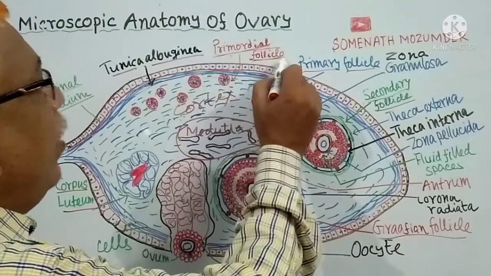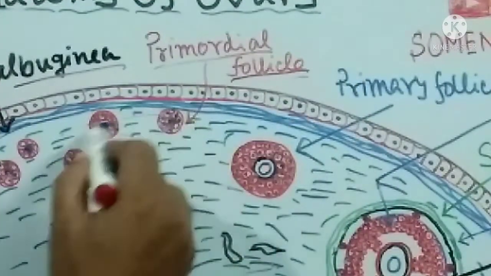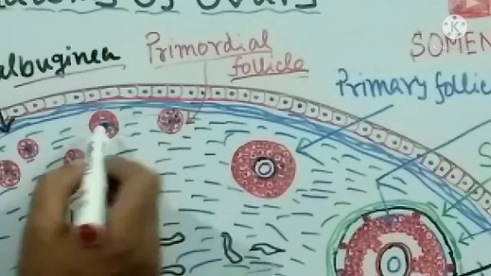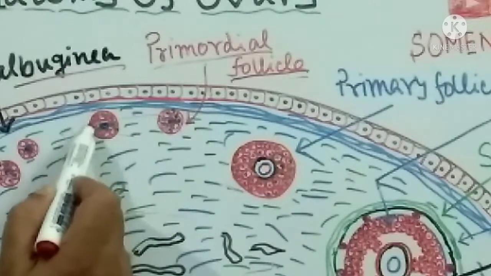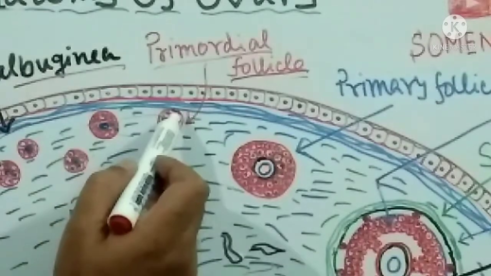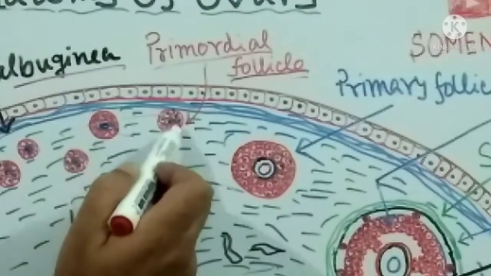The structure of primordial follicle. In primordial follicle, this is oocyte. Oocyte is surrounded by single layer of epithelial cells.